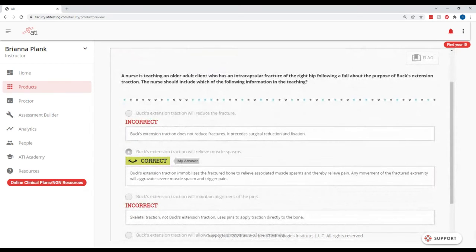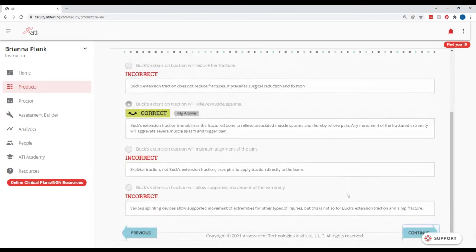So correct. Traction helps reduce pain. It helps reduce muscle spasms, and what was the other thing? It's also going to help immobilize the area. So when we talked about our fractures, I said, if you don't remember anything else, we want to keep that fractured area in alignment and immobilized. So we're going to put it into traction for that.